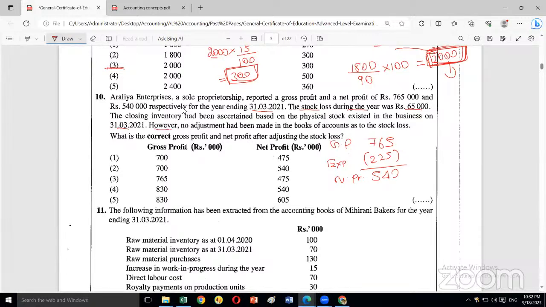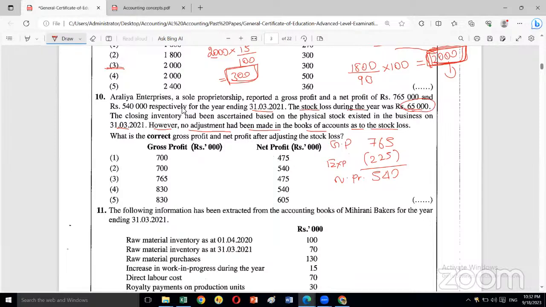However, no adjustment had been made in the books of accounts as to the stock loss. There is no entry about this 65,000 stock loss.